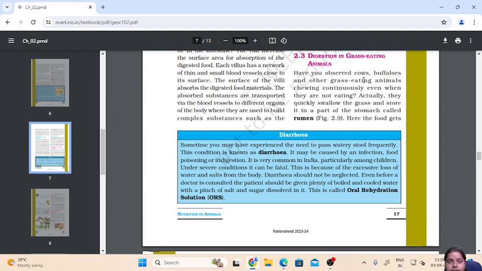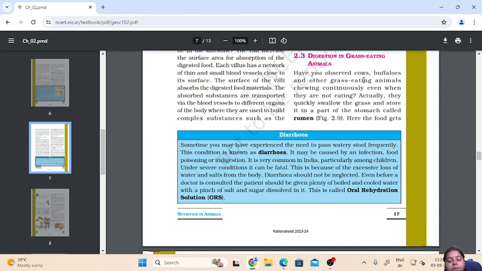Diarrhea. What is that? It is a condition wherein one has to pass watery stool frequently. That is what you call diarrhea, and it is not a normal mechanism.